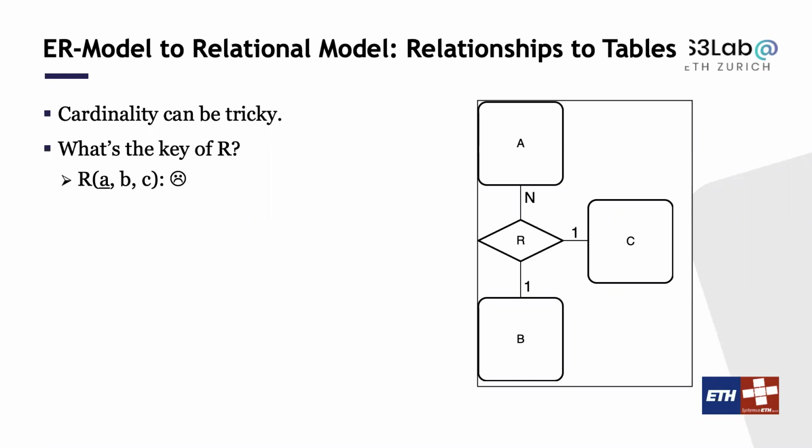In this case, no. Because I could have a database instance according to this model in which the same attribute A participates in multiple relationships. If you model it in this way, it's not really a proper model because you only allow the same value of A to appear once in this relation. So this is not really a good translation.